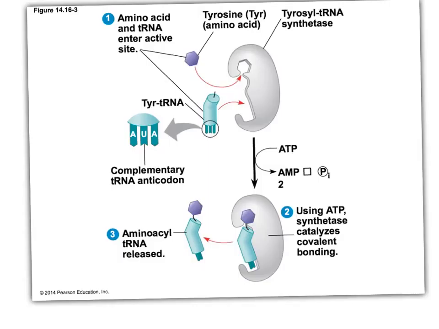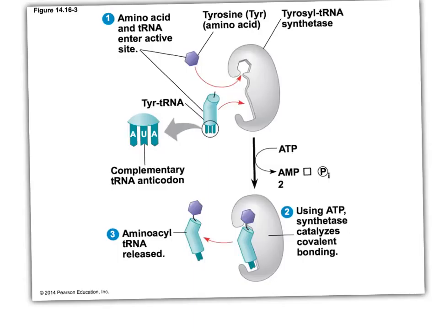So your enzyme here has to have the right substrates. So if this enzyme is tyrosine tRNA synthetase, it is going to produce that tRNA, it is going to bind the right substrates.